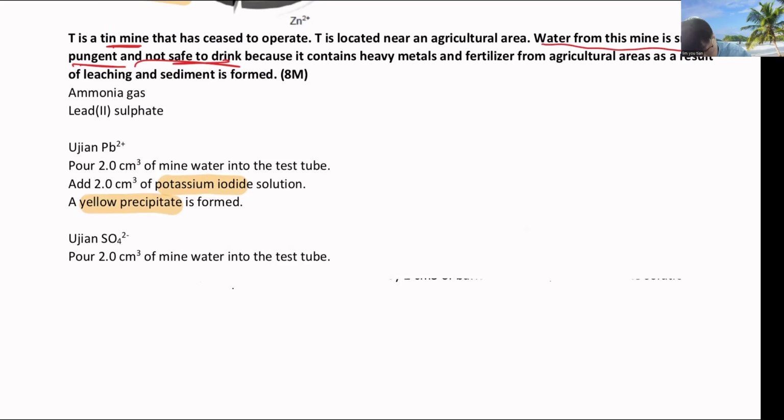For SO4, we know that sulfates are all soluble except for barium, lead and calcium sulfate. So what you need to do is pour in barium.